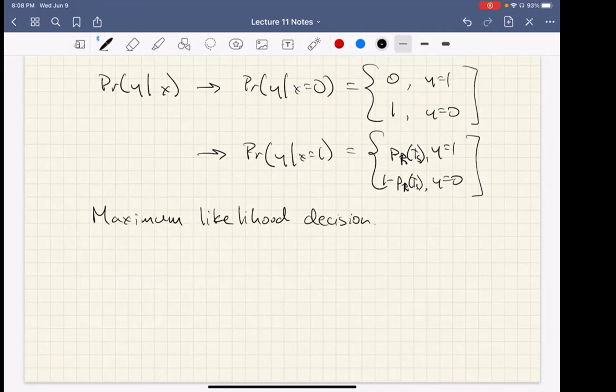So if y equals 1, then what do I have? The probability that y equals 1 given x equals 0 is 0.